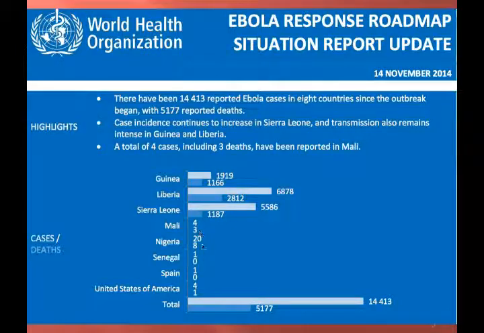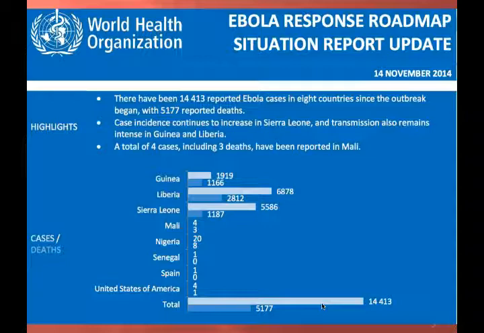There have been cases in other West African countries, in Mali, Nigeria, and Senegal. Those are patients who traveled from the initially affected areas. And then there have been cases in Spain and the United States. Now, this is the World Health Organization data.